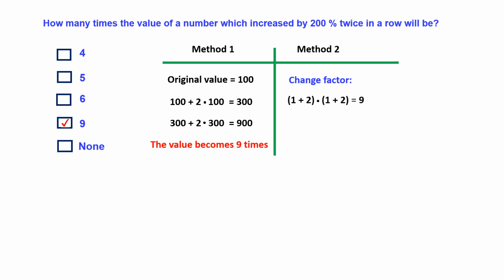So 3 multiplied by 3 equals 9. The value becomes 9 times. Or you can say the value becomes 8 times larger.